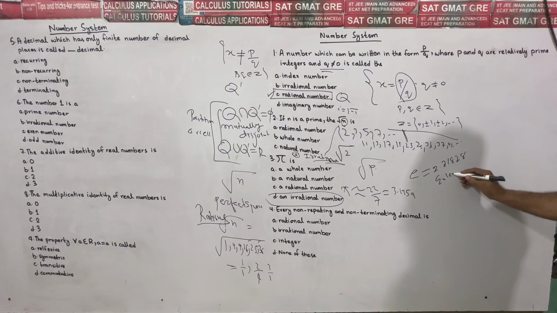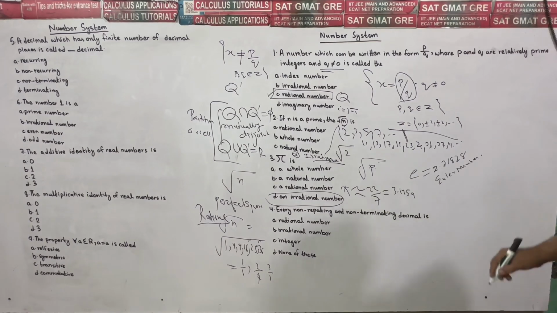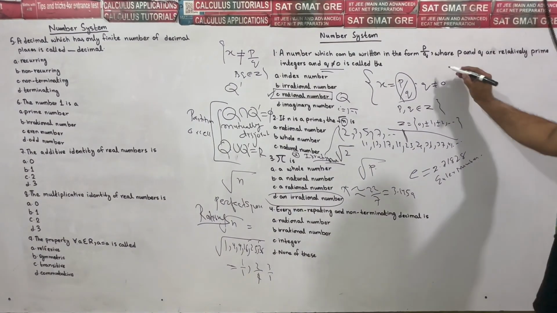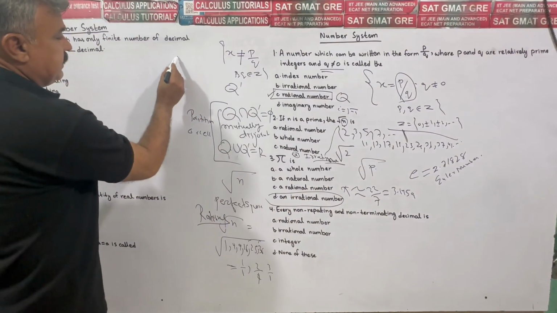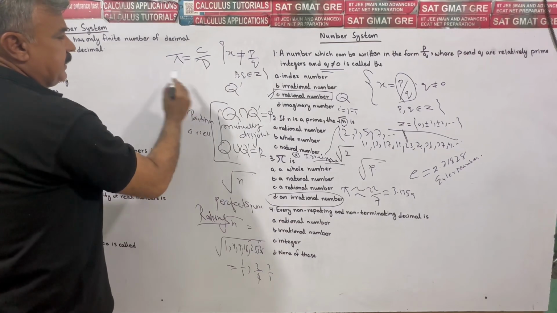It's written as e and pronounced Euler's number. What about the definition of pi? The definition of pi is circumference divided by diameter.